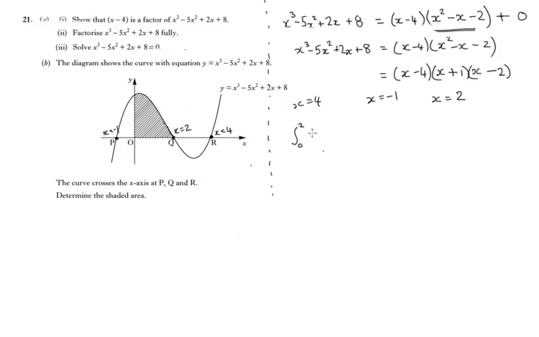Well, that's our x cubed minus 5x squared plus 2x plus 8. So that's what we're now working out to get the exact area of this shaded part. So here it is, and let's proceed.